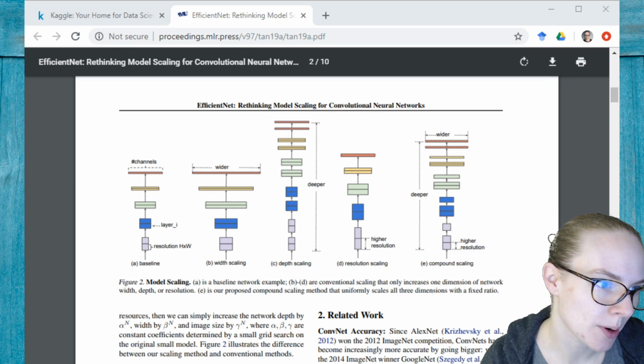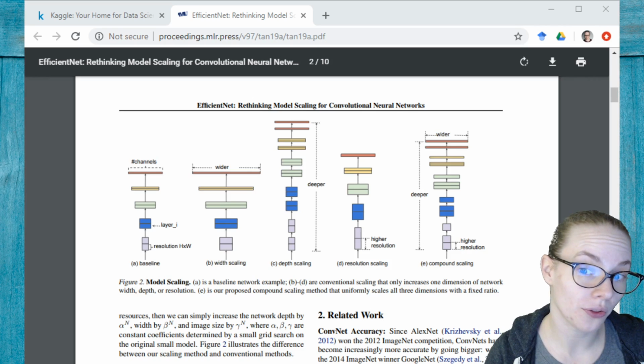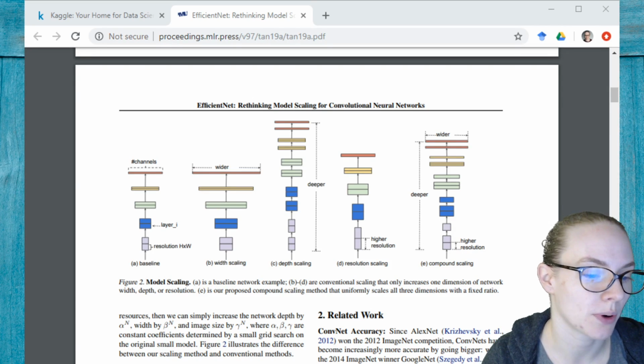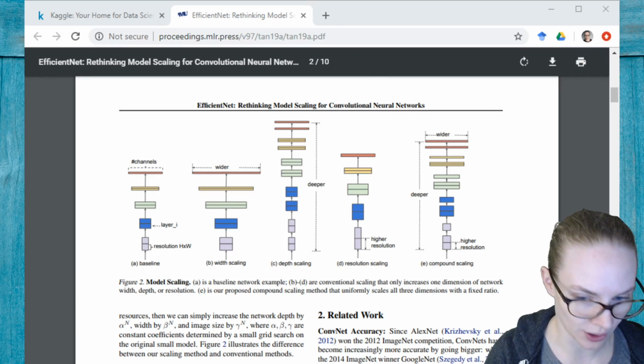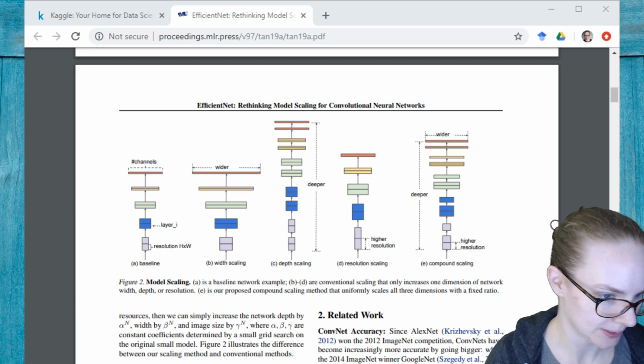And what this paper proposes is a method to increase all three of those dimensions at the same time using learned parameters in a way that will work particularly well for the problem at hand, whatever that problem is.